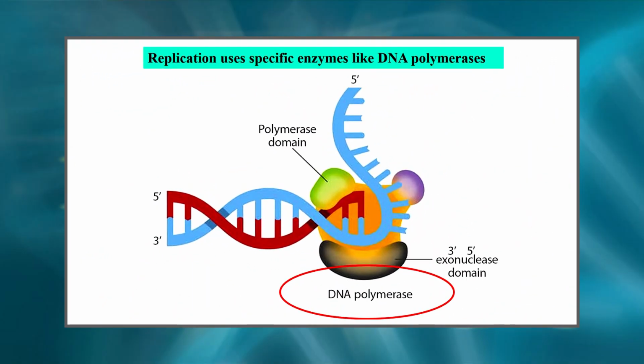To do so, they use a variety of enzymes and proteins which work together to make sure DNA replication is performed smoothly and accurately. Replication uses specific enzymes like DNA polymerases, which are molecules specifically dedicated to just copying DNA.